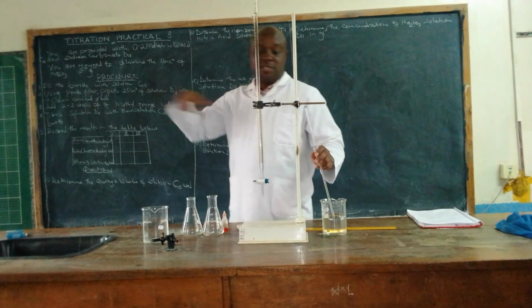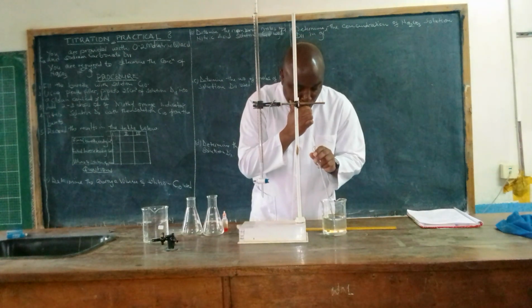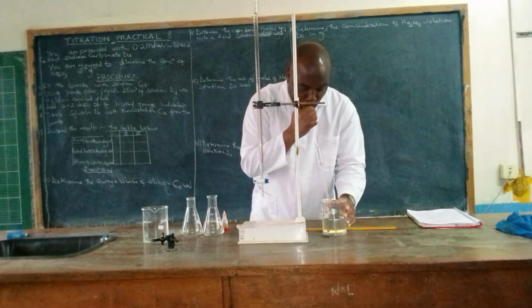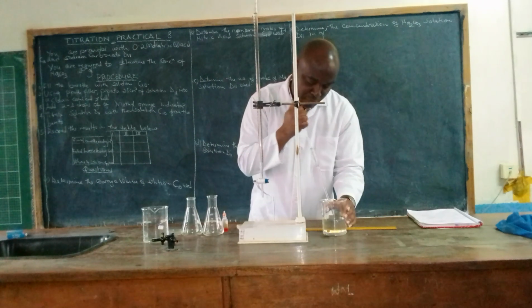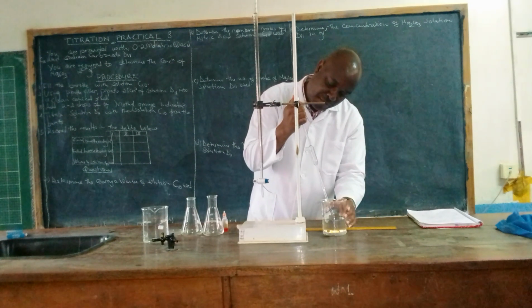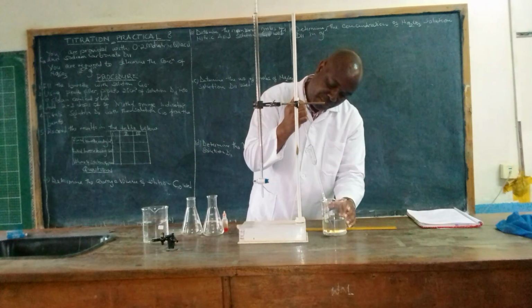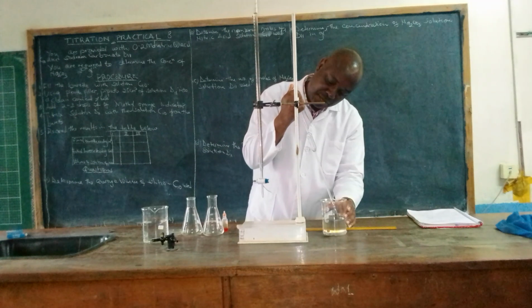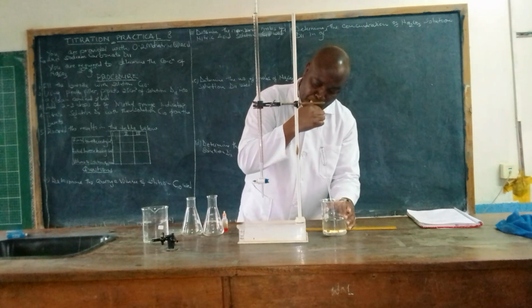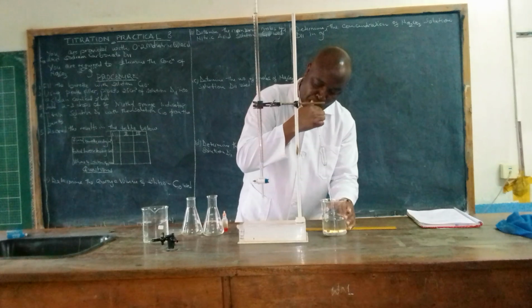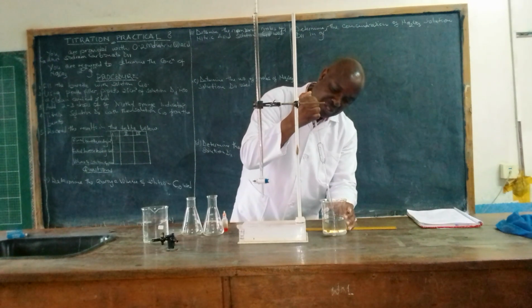I'm going to pipette 25 cubic centimeters of sodium carbonate into the clean conical flask. We are just following that procedure. Make sure you are at the mark, because we have a mark where the solution is supposed to reach on the pipette.